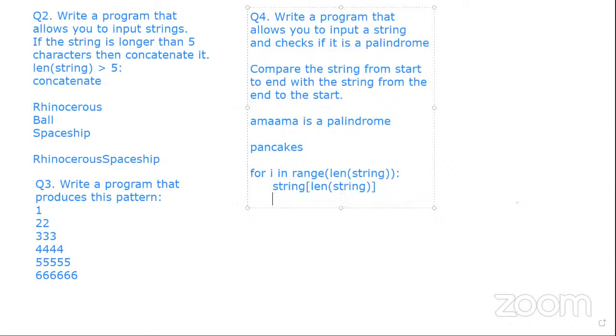And you take this value and you put it in a variable, and you just concatenate it onto a variable.